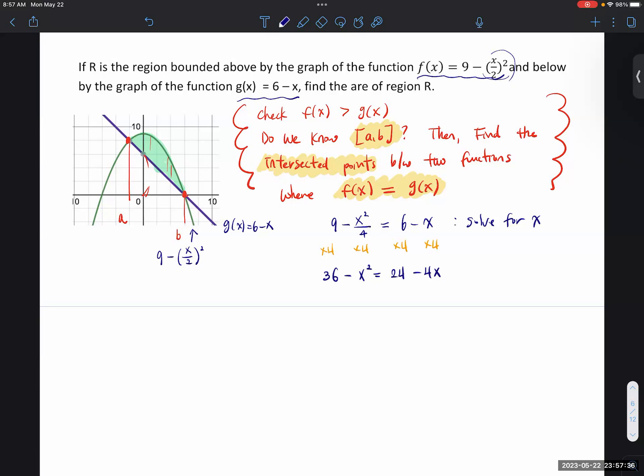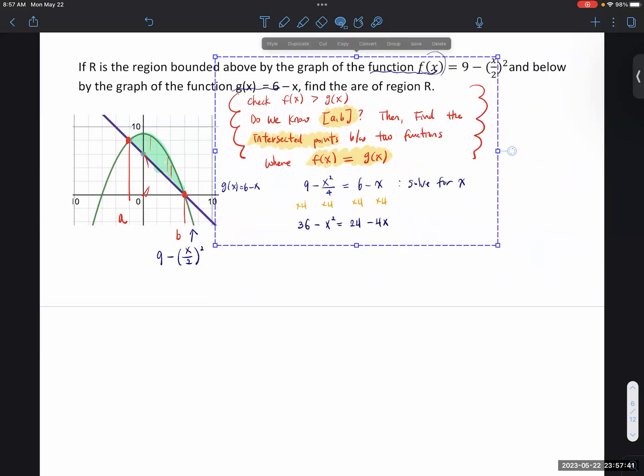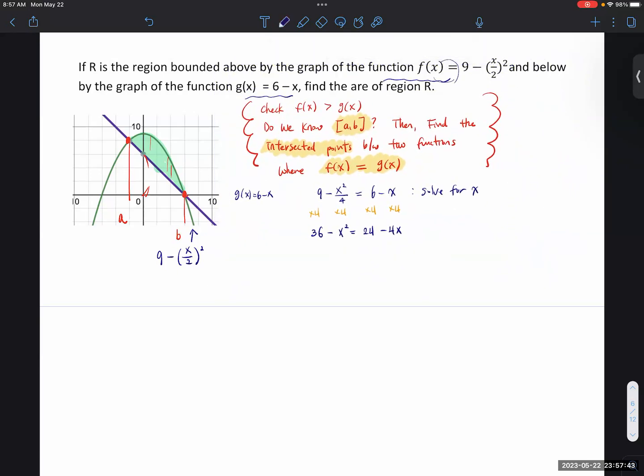We are still solving for x. Let me minimize it a little bit. I'm going to move negative x squared, and move 4x to the other side, positive 4x. And then 36 minus 24, I'm just subtracting. Plus 36 minus 24 equals 0. So negative x squared plus 4x plus 12 equals 0.